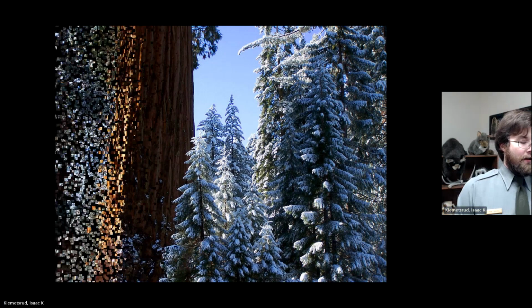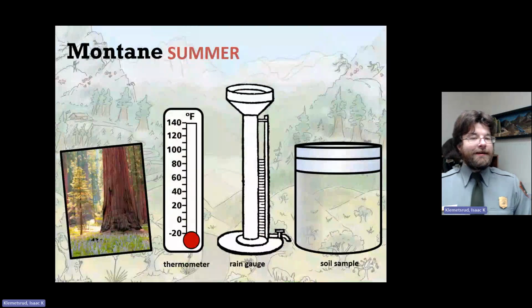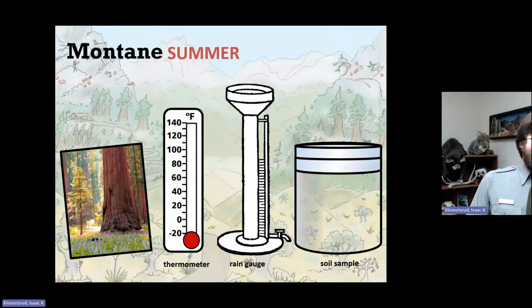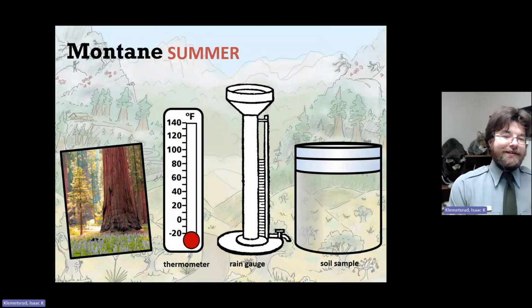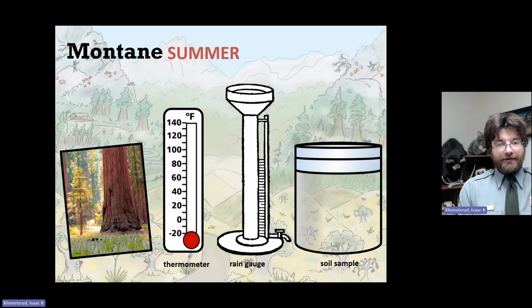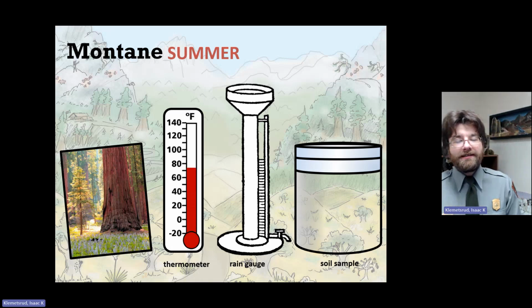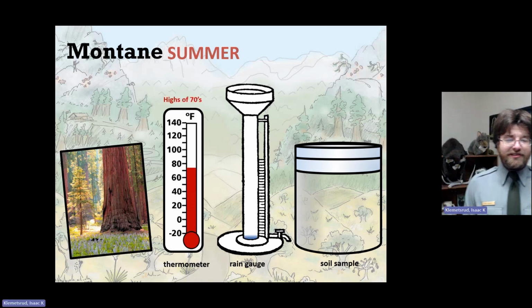Now, we're going to talk about what the climate is like, because unlike the foothills, the montane is a little bit of a nicer place to live. During the summer, it's going to look like our picture there. We are going to sit at about 70 degrees as our high.